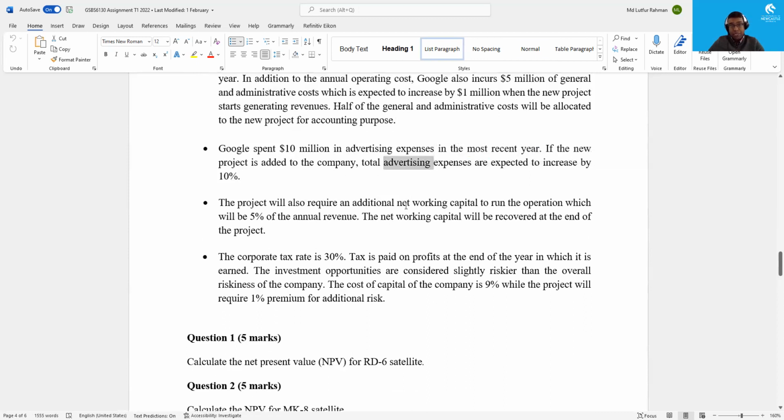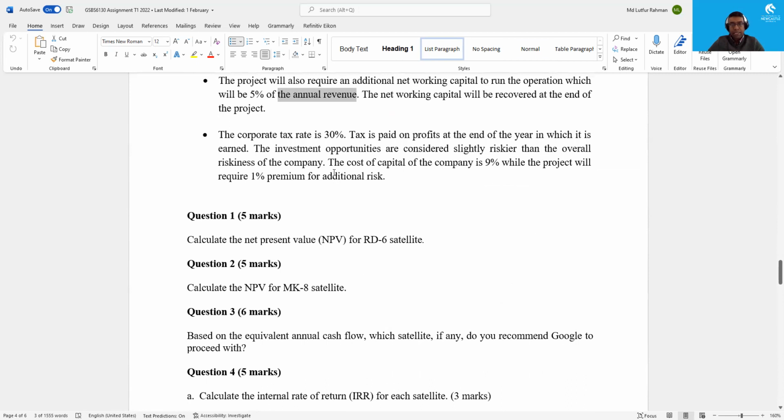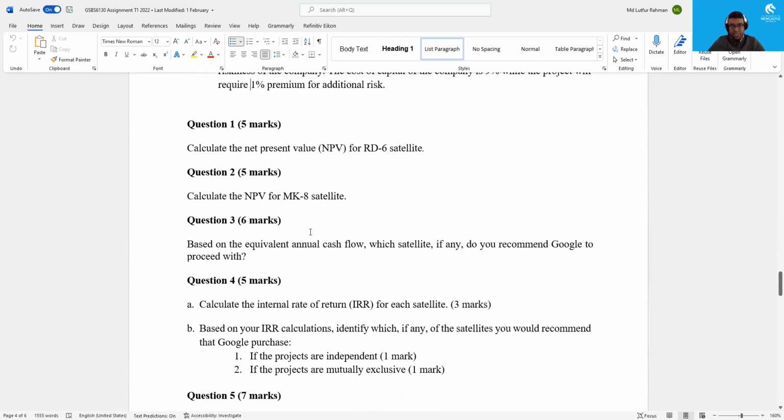Advertising cost will increase by 10%, which is also 1 million. And additional net working capital will be 5% of the revenue every year. The corporate tax rate is 30%, and the cost of capital of the company is 9%, while the project requires a 1% premium. So you are required to calculate a net present value for both the projects and so on.